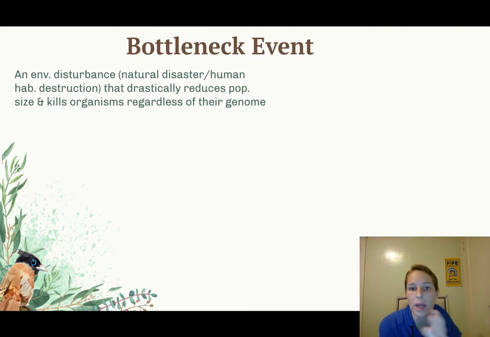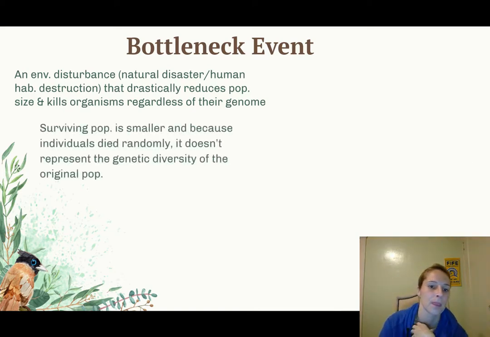It's going to be something random like a hurricane just hits one side of your island, and so half of you die, which had nothing to do with your genetics. Now, what this ends up creating is that the surviving population is going to be smaller, and because individuals just died randomly, this smaller population doesn't represent the genetic diversity of the original population.